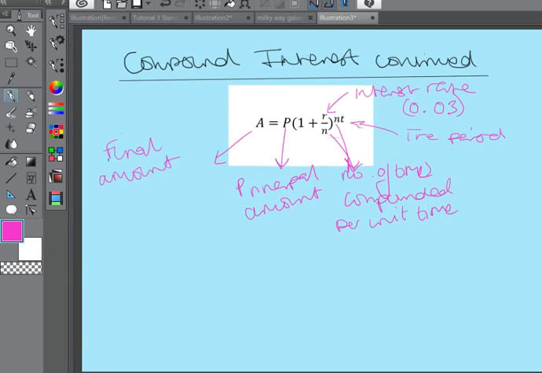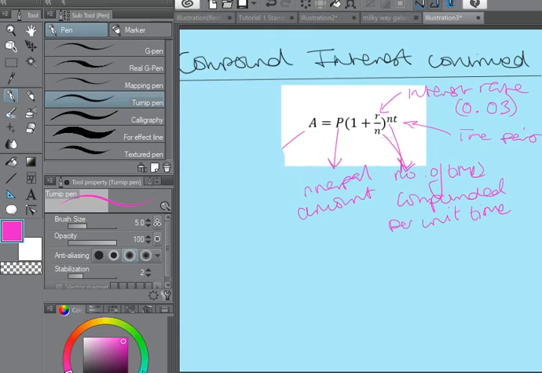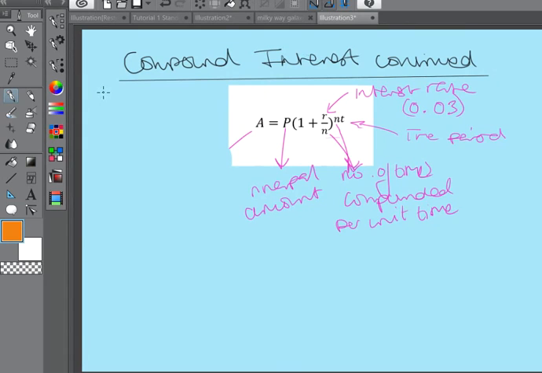So let's use an example. Let me get my rubber, get rid of this for a second, and let's pick a different color. Okay. So let's take our £500 again, like we had in the previous video.